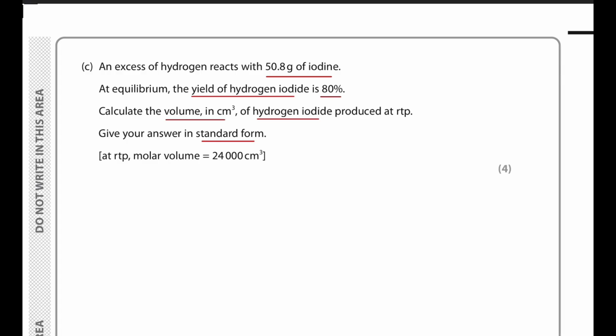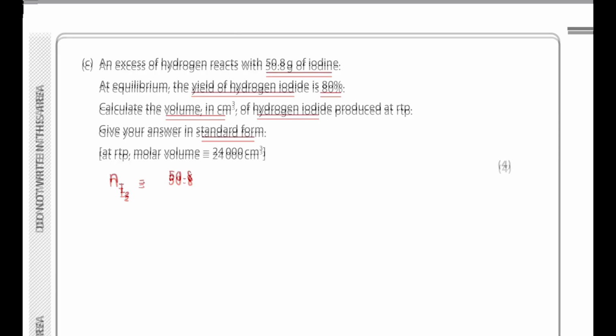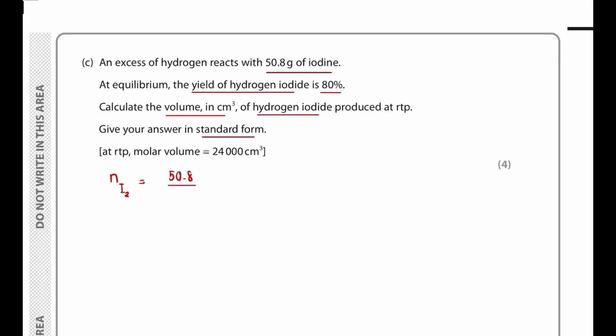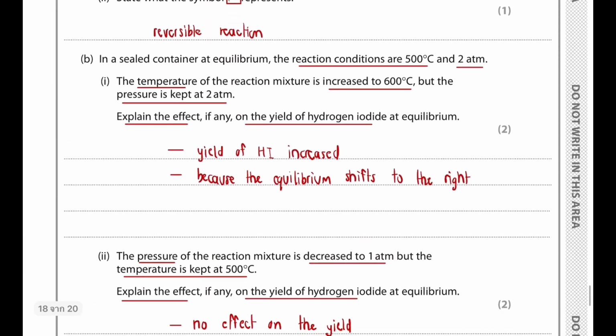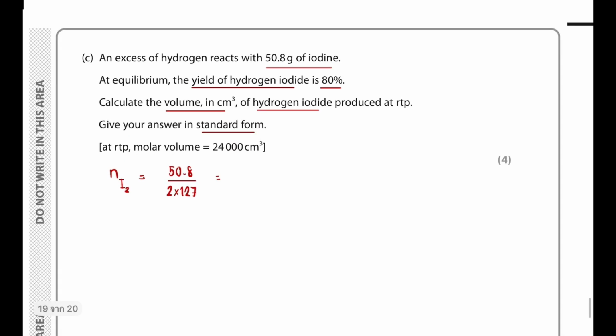Okay, so let me find the number of moles of iodine first. So it is equal to mass divided by 2 times 127. So it is equal to 0.2 mole.